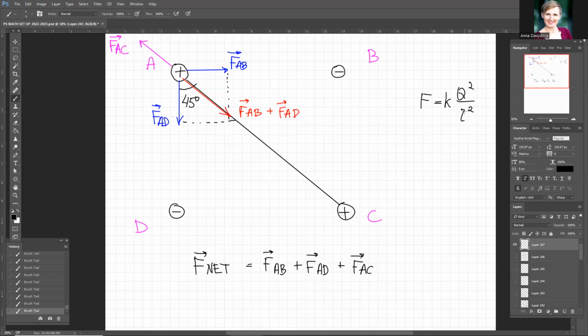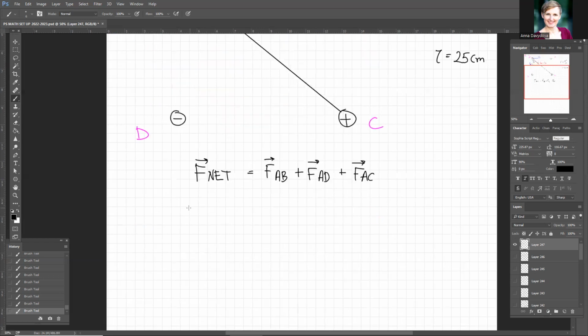Now, all charges are the same, so I can just use Q for all of them. The distance is the same, it's 25 centimeters. What else do I need to observe? I don't know if you know, but the diagonal of a square, in the geometric sense, is √2 times bigger than the side of the square. So let me just draw a little square here. Does this look like a square?